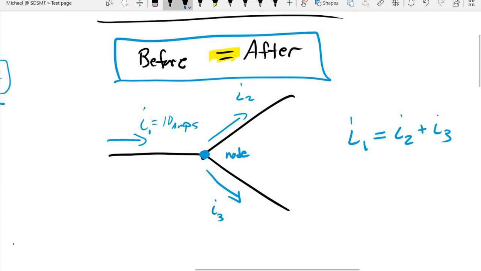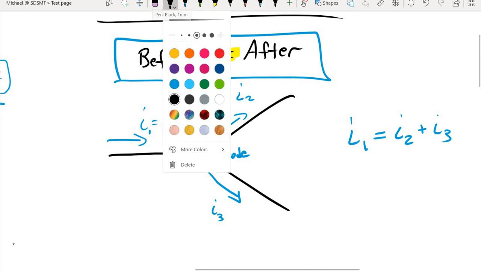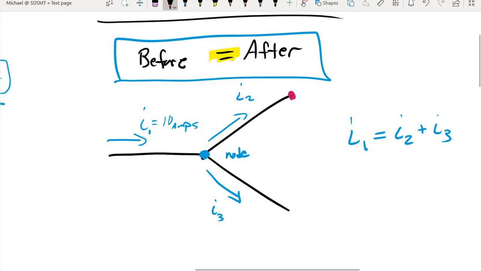So let's say we come up here, and we measure the current I2 with a multimeter, and we see that there are 3 amps passing through that top branch. Well, if that's the case, then what is the value of I3?